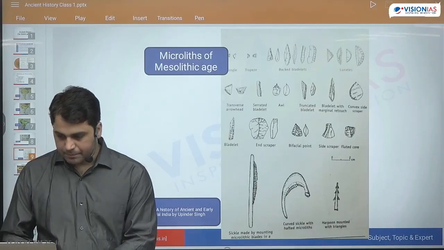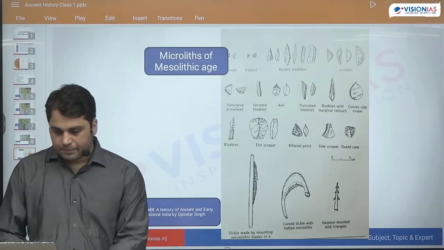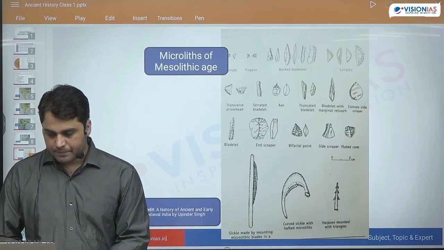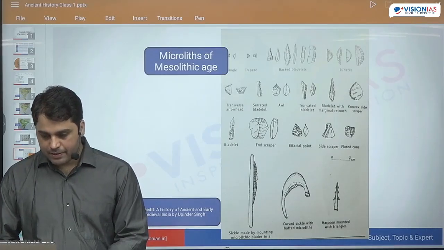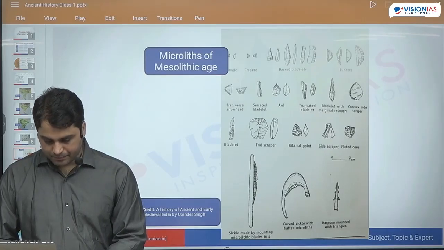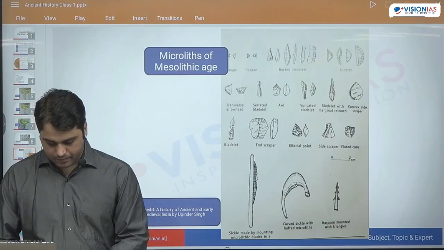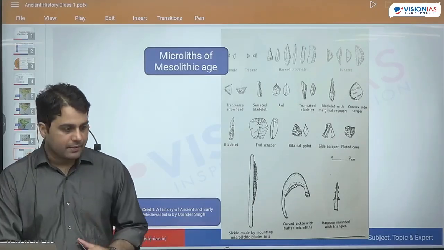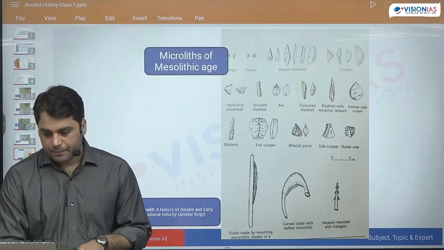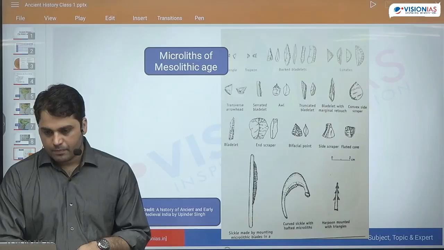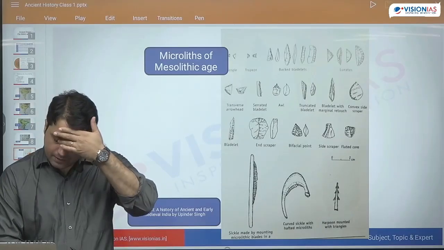Next bullet point. We find evidence of burial practices from the Mesolithic phase.